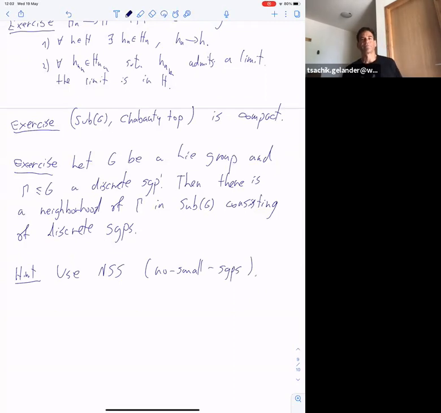So you remember what distinguishes a Lie group from other groups is that there is an identity neighborhood such that the only subgroup inside this neighborhood is the trivial group. So one side is not so hard, that if you are a Lie group, then you have this neighborhood.